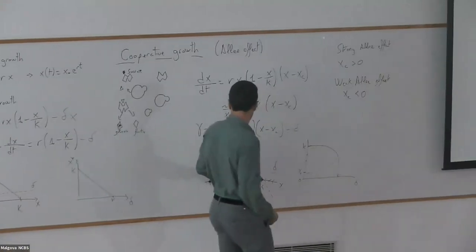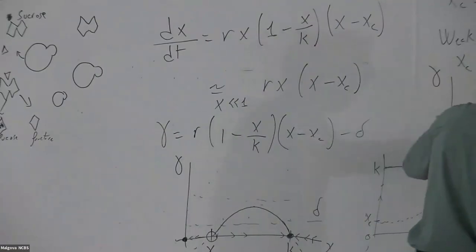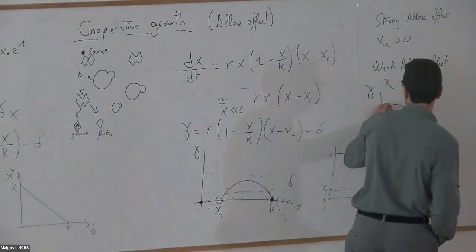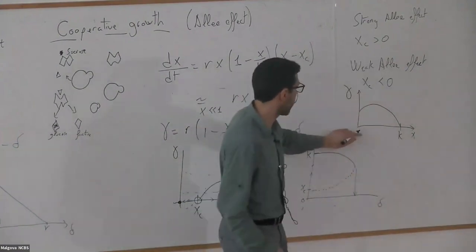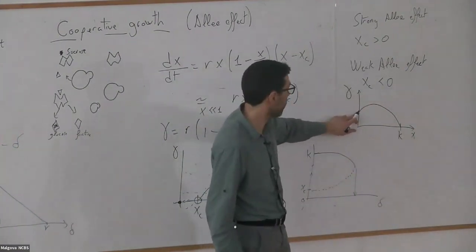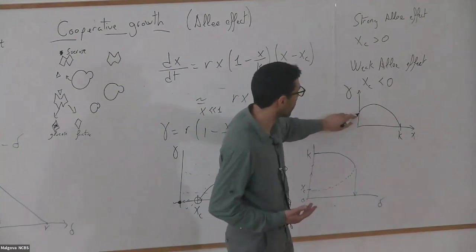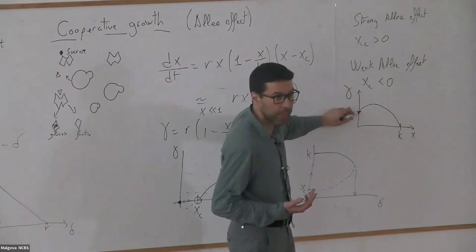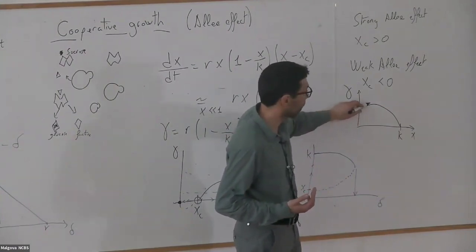So the form that this will take for a weak Allee effect is something like this. It means that at low population abundances, the population does not go to extinction. It has a positive growth rate. But as the population is increasing in number, this growth rate goes up.